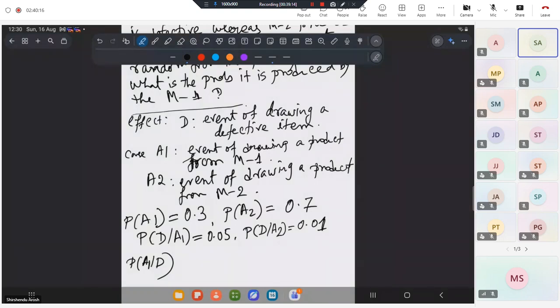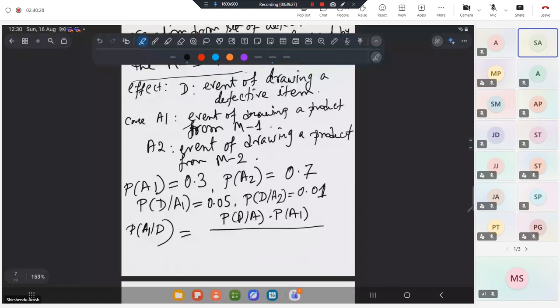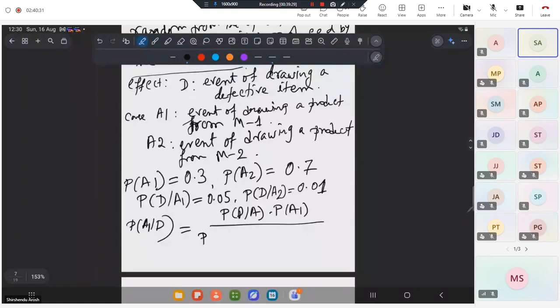So if I use the Bayesian theorem here, P of D given A1 multiplied by P of A1, over my total case, that is P of D given A1 multiplied by P of A1 plus P of D given A2 multiplied by P of A2. Here only two mutually exclusive and collectively exhaustive events are there.